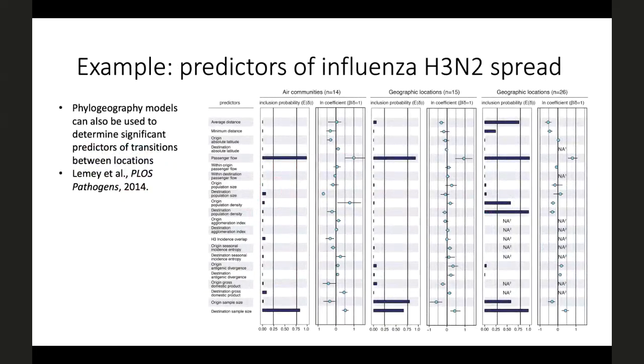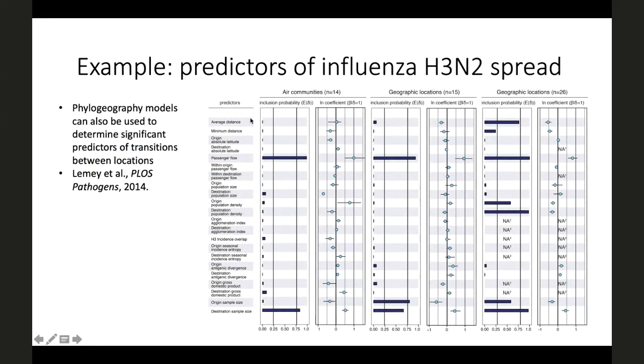One enhancement that's been added to the phylogeography models, and as of last year, these are starting to come into structured coalescent models as well, is that you can look at your phylogeny and, if you've got, say, locations, what locations have a high rate of movement between them, and see what other epidemiological predictors that matches with.